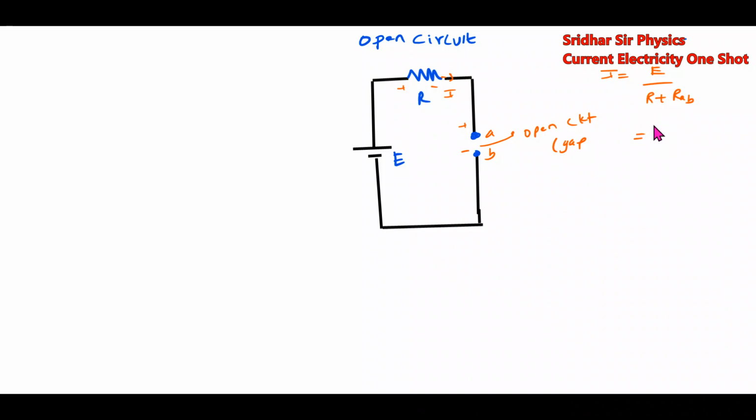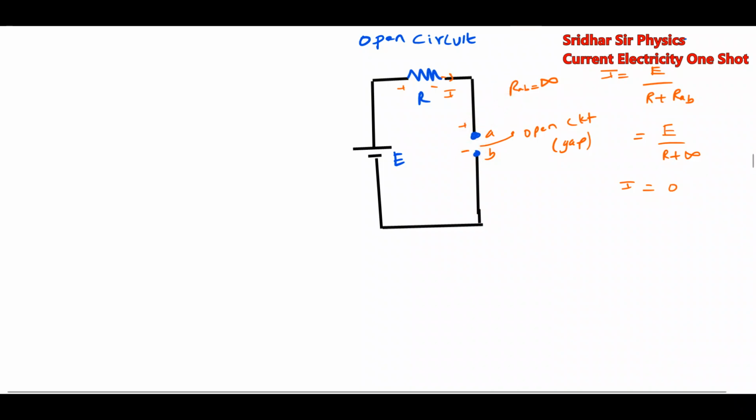The resistance of the air gap will be infinity, so I equals E by R plus infinity. What is RAB? Because the resistance of air, we are going to assume, is several hundred mega ohm, we will consider it to be infinity. Then this will become zero. No current flows. So across the open circuit, there won't be any flow of current. This is very, very important for us.